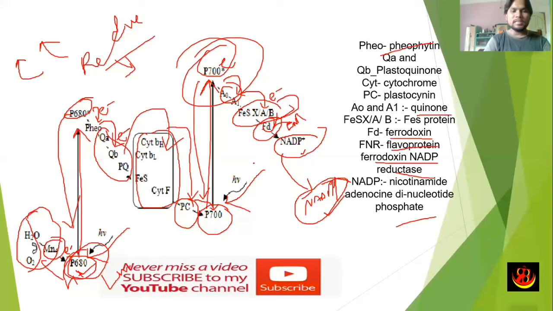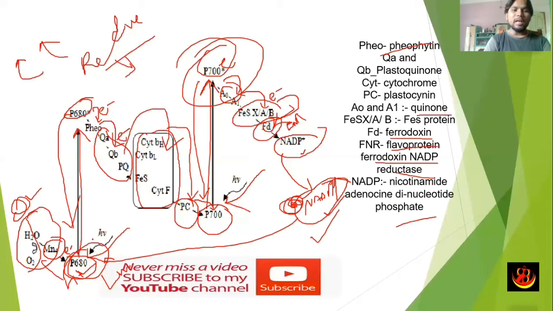So as you can see, from beginning to end, the electron is generated here and received by another carrier, but the electron does not come back to photosystem 1 or the oxygen evolving complex. This is why it is called the non-cyclic photophosphorylation process.